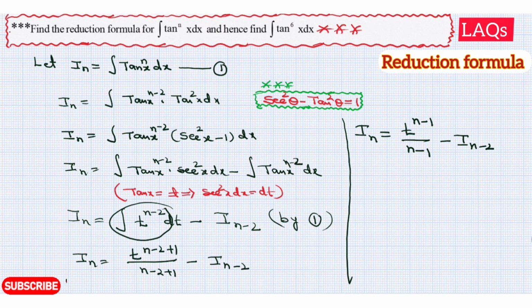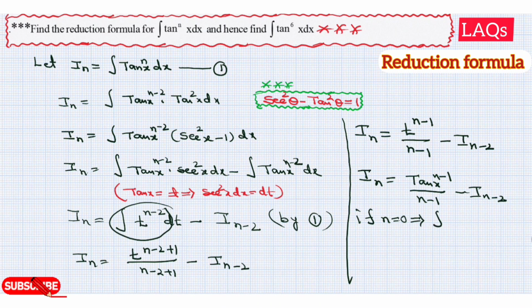Now write the t value, tan x. In equals tan x power n minus 1 by n minus 1 minus I(n minus 2). If n equals 0, then we get I0 equal to integration 1 dx, which is x plus c.